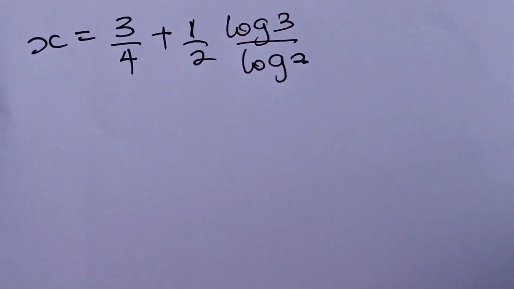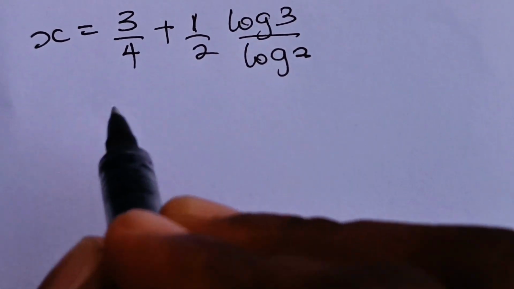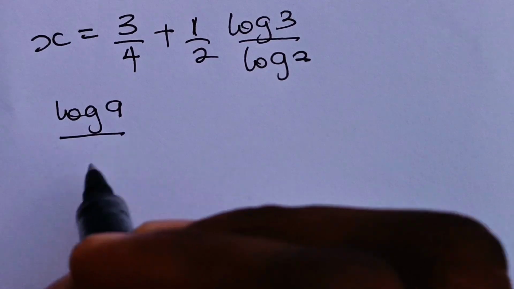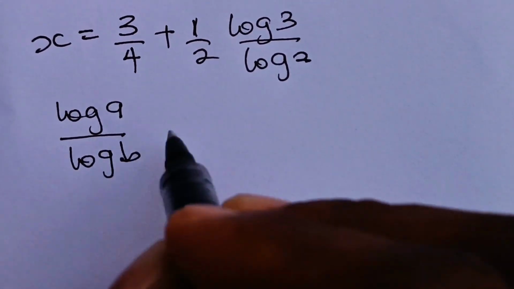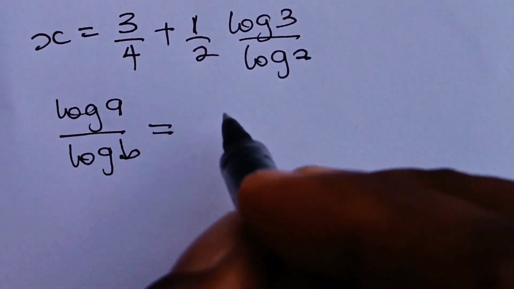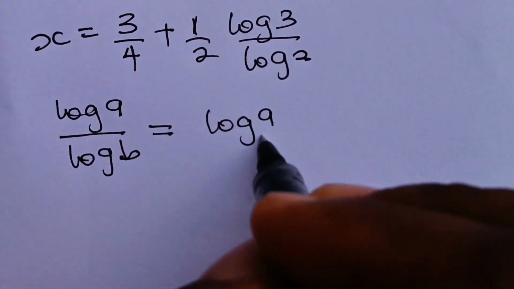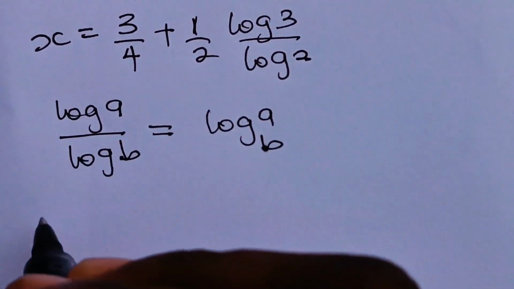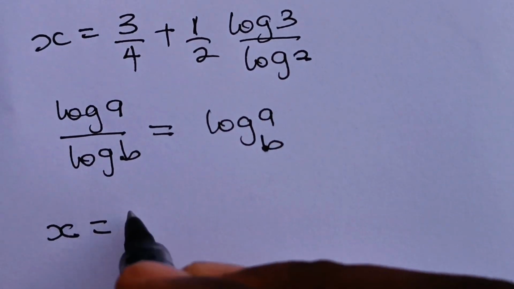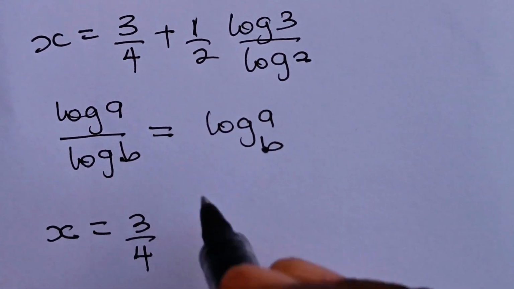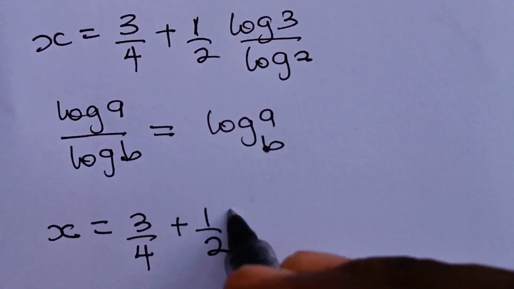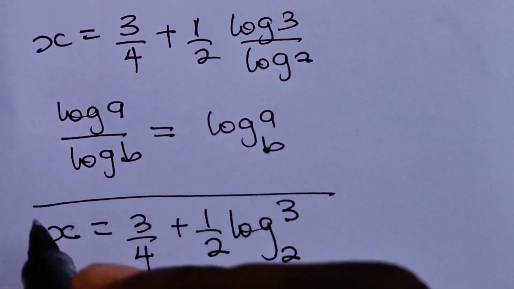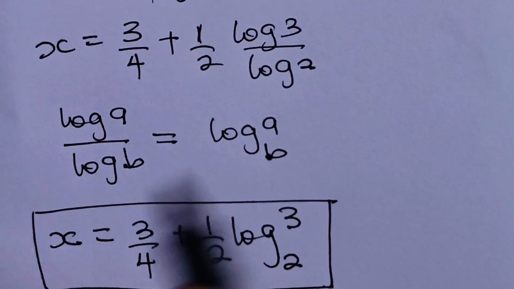But I want us to recall that log a divided by log b is equal to log a base b. So we can rewrite this as x is equal to 3 over 4 plus half log 3 base 2. Now this is the value of x.